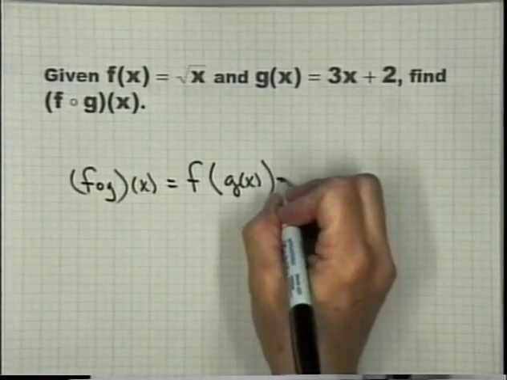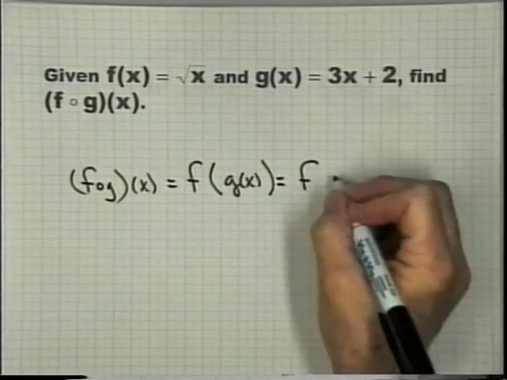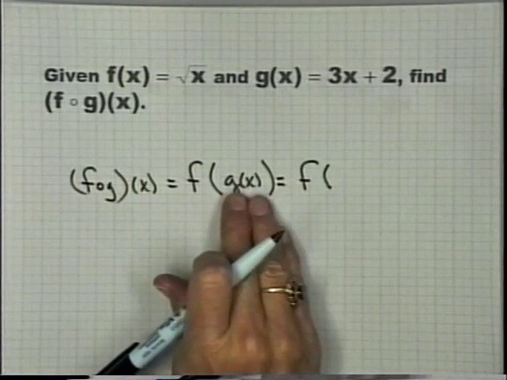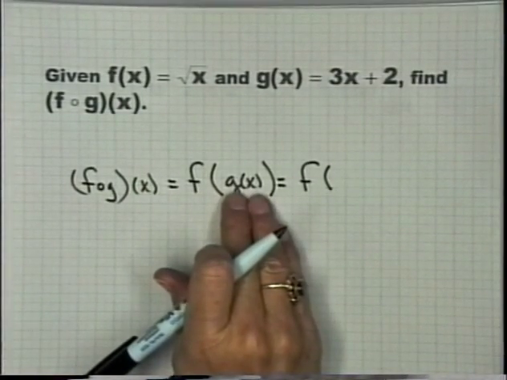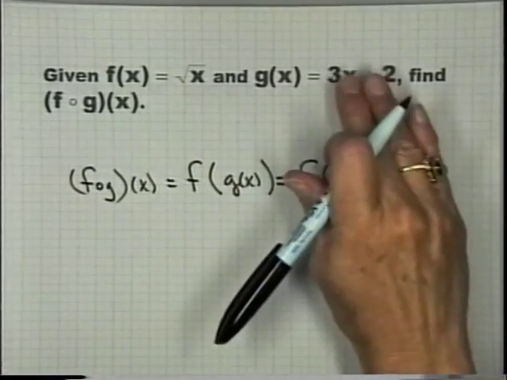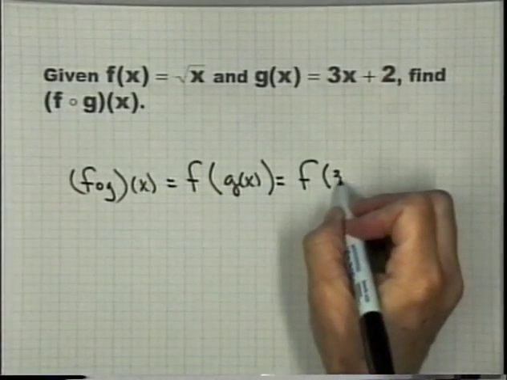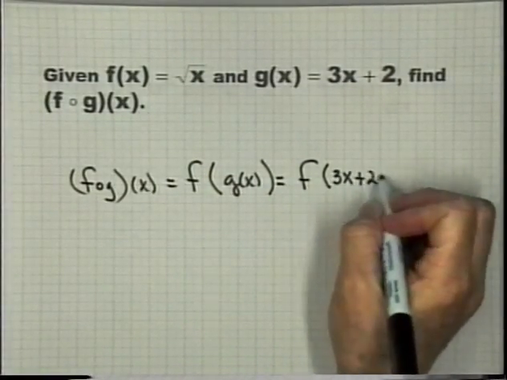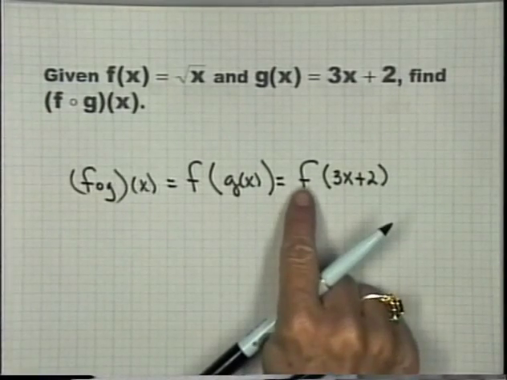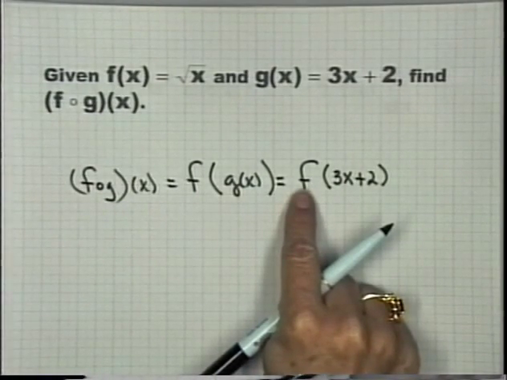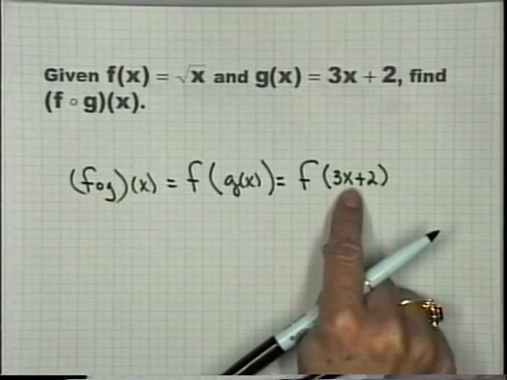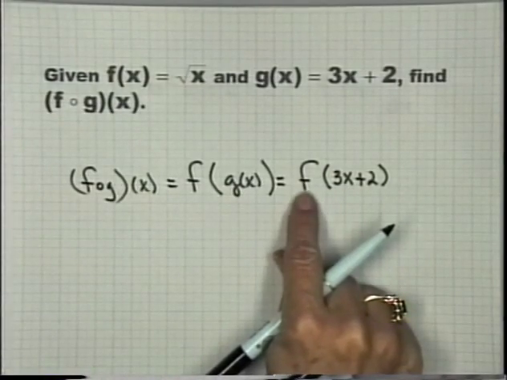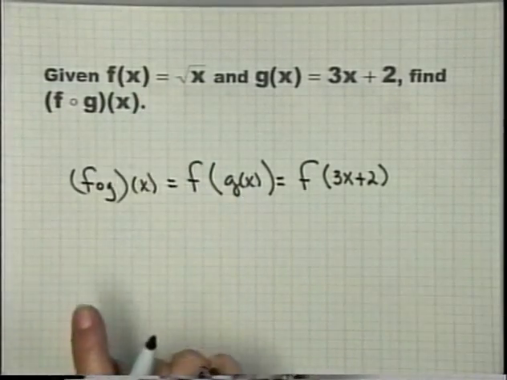Now, usually when you have sets of parentheses, you start on the inside and work out, don't you? So we're going to replace g of x with what it's equal to. So replacing g of x with 3x plus 2, I now have a notation that says find f of 3x plus 2.